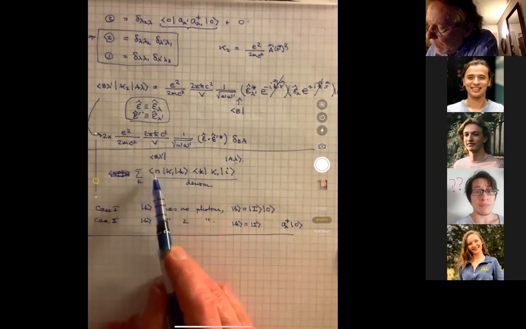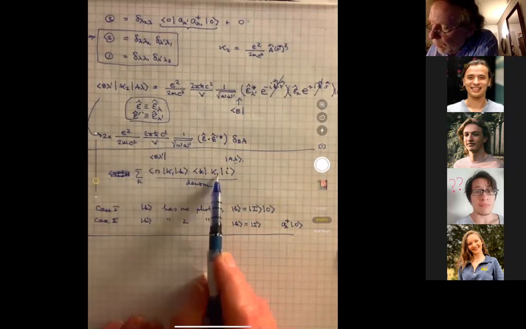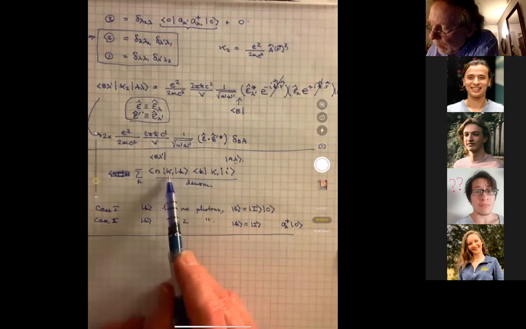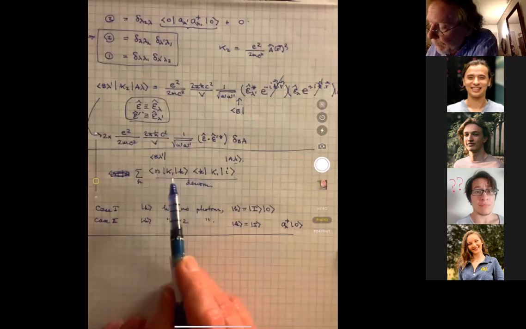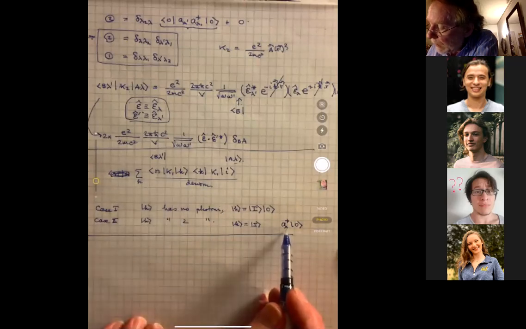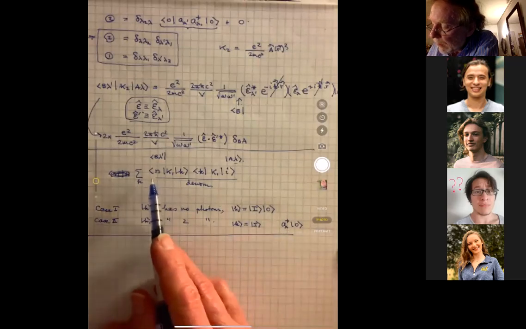Because if it were a different mode, then the K1 over here can only add or subtract a photon, but you need to remove a photon because you need to destroy to get rid of the initial photon because it's not present in the final state.